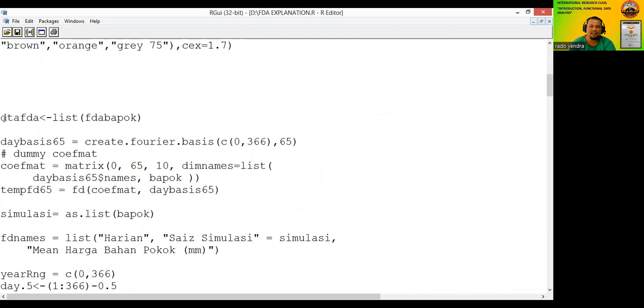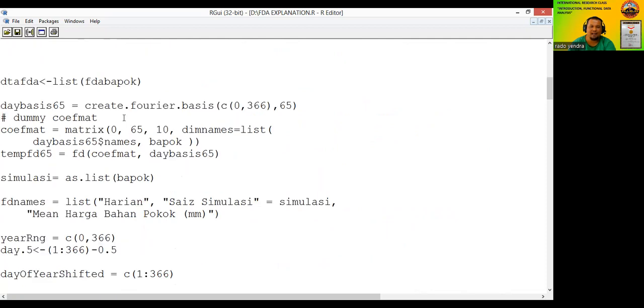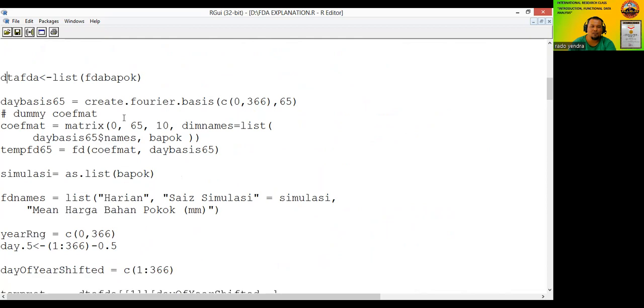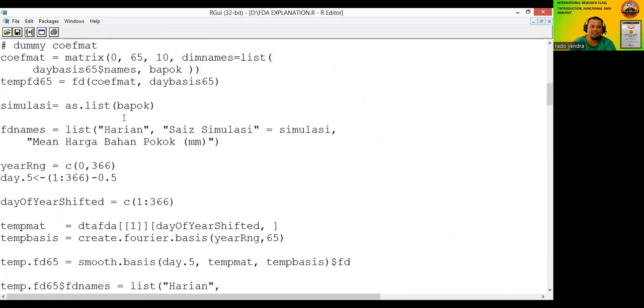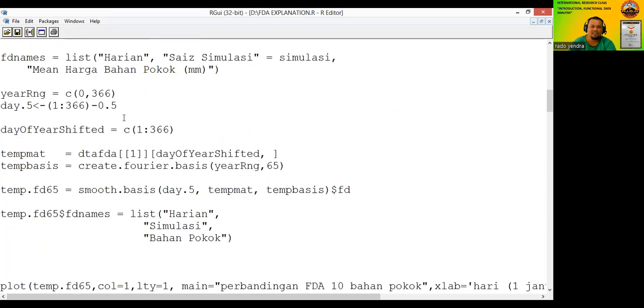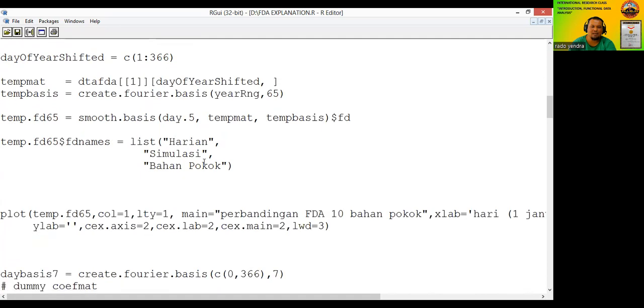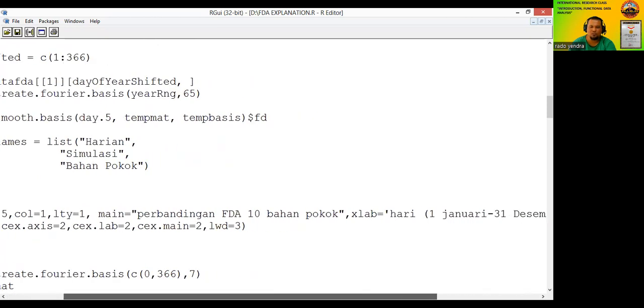Don't forget to give the name of our data, now DTA FDA list FDA box, and then you can run here. You can use this program. You can check here. I think it's a very easy program. After the program runs, you try to make the plots, the smooth plots, the smooth graphs.